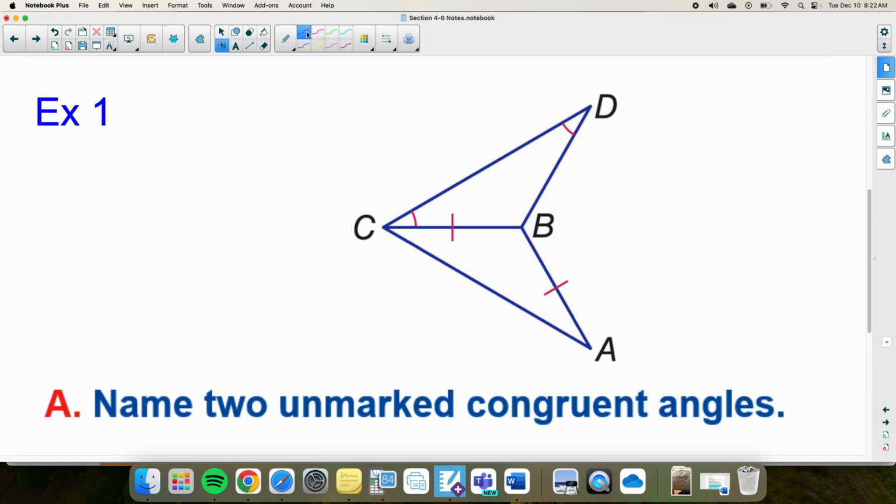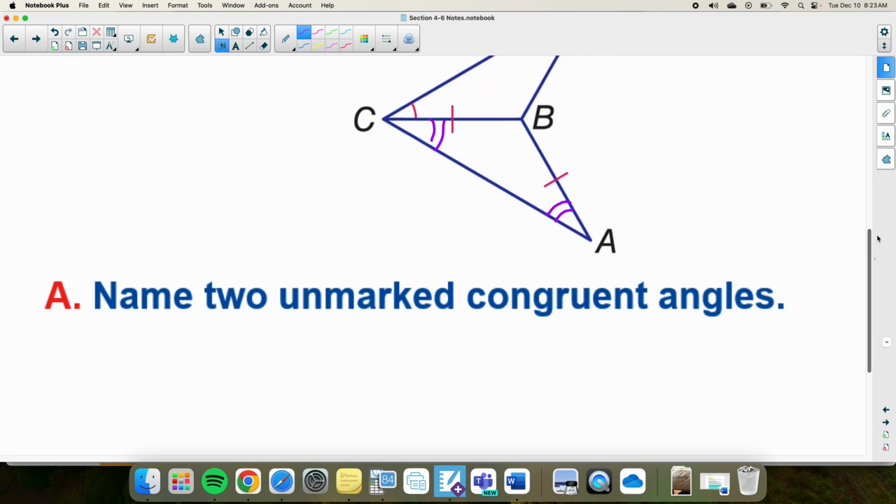So does anyone see, would it be the top triangle or the bottom triangle? If they want congruent angles, you're going to look for a triangle that has two sides marked. So do you guys get it's this bottom one? Okay. And if these are the two congruent sides, that makes this and this congruent angles.